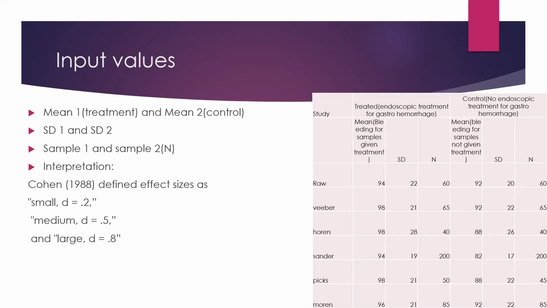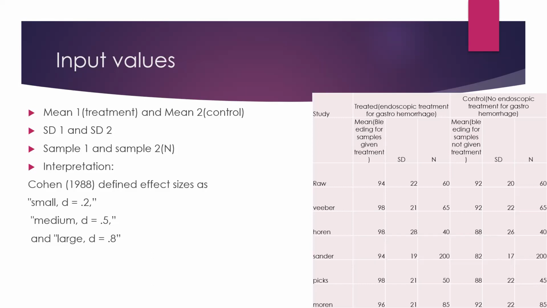Okay, N for treatment group is 60, N for control group is 60. 60 of them were given endoscopic treatment. And in the control group, 60 patients who had gastrohemorrhage were not given endoscopic treatment.